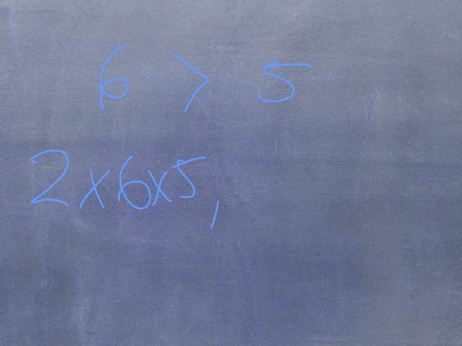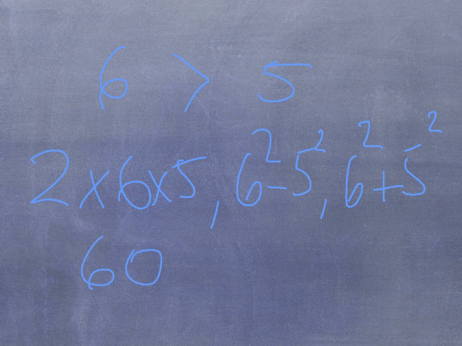The other shorter side is 6 squared minus 5 squared. And the longest side, or the hypotenuse, should be 6 squared plus 5 squared. So in this case, a Pythagorean triple, or triad, would be 60, 11, and 61.